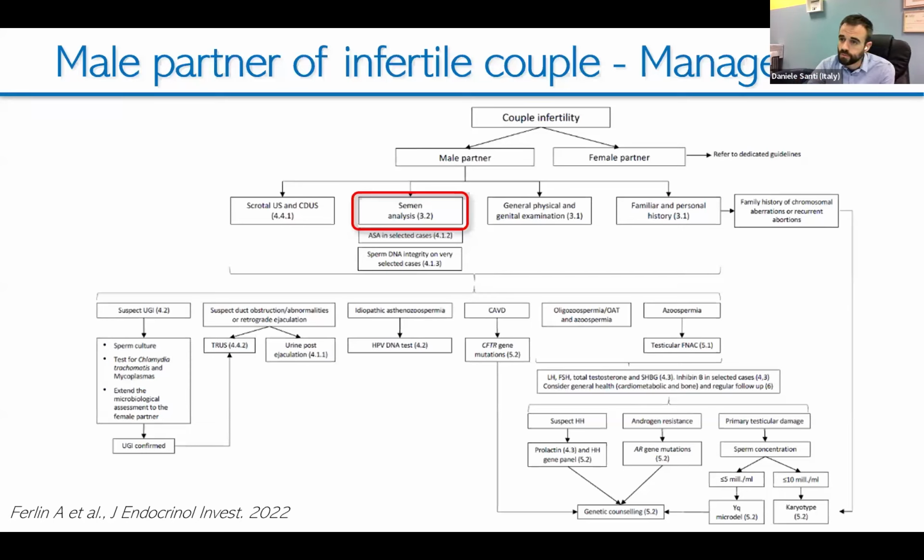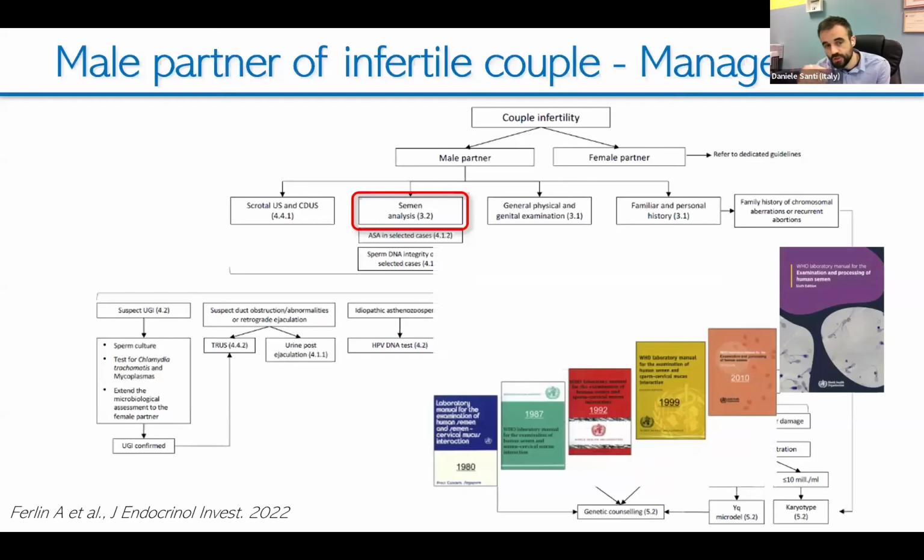The second point that we have to consider is the complexity of these parameters, because the WHO established the methods to perform the semen analysis and how to interpret it. We have a manual that explains this, so it is not a simple examination. We have 6 different editions.